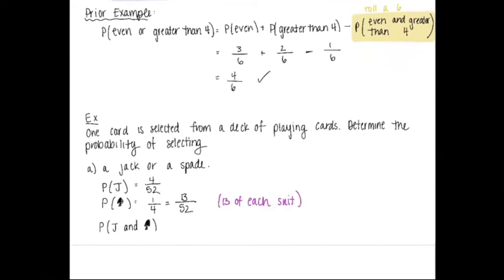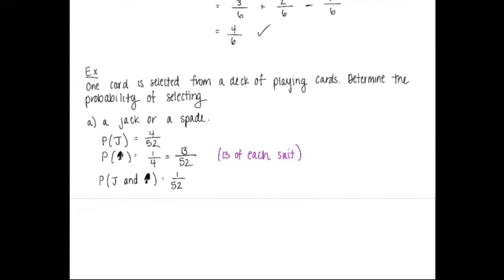So how many cards fit this criteria? There is one card that is a jack and a spade. So you have a 1 out of 52 chance to catch that. So I can't just add these together because I've got a jack that is a spade. It gets double counted.